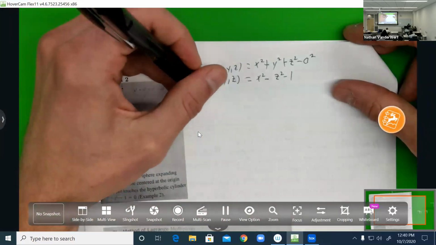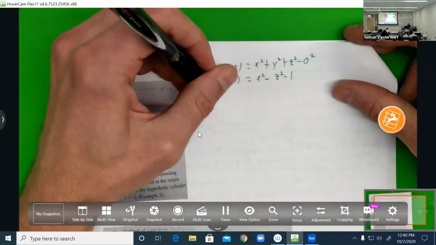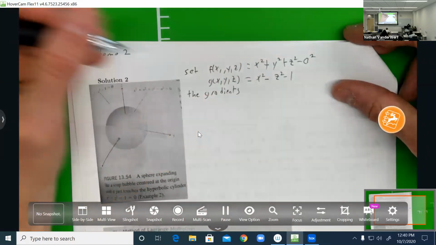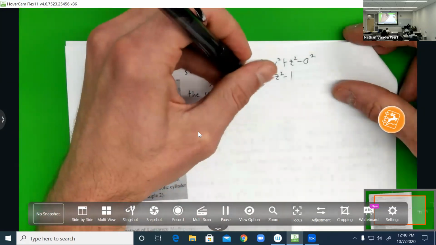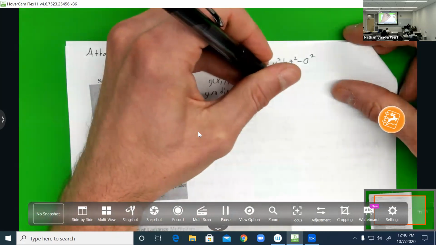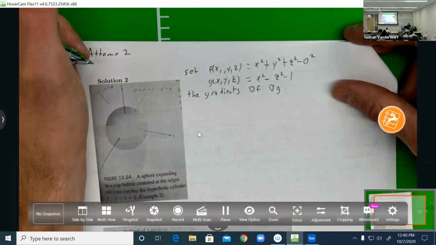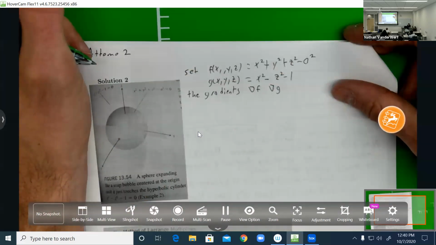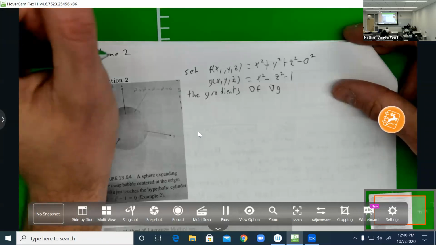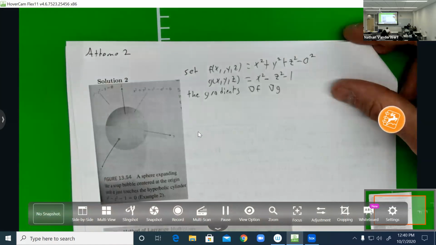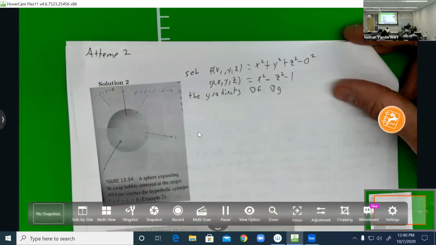What we notice with this picture is that the gradients, delta f and delta g, which remember point orthogonal to the tangent plane at any particular point. When we make the tangent plane, the gradient vectors evaluated at points are the A, B, and C in AX plus BY plus CZ.